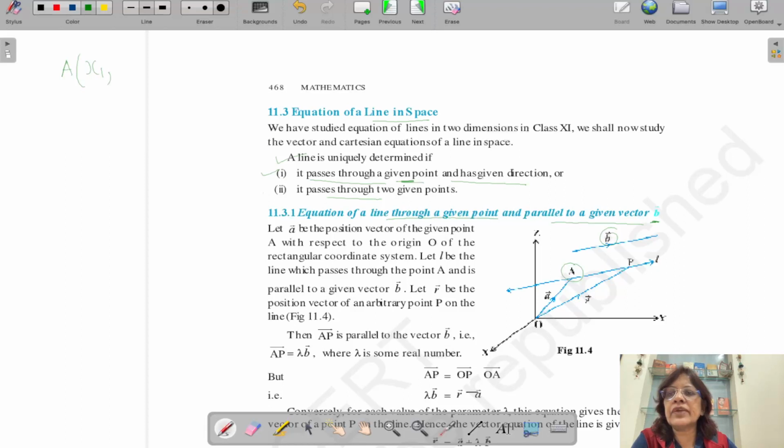Let the coordinates of A be x1, y1 and z1, and the position vector of A be denoted by this. This is the fixed point.